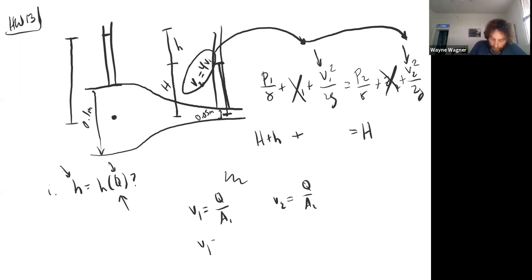V1 equals Q over pi over 4 times the diameter at A1, which is 0.1 meters squared, and V2 equals Q on pi on 4 times 0.05 meters squared. Okay, and so this is going to be a really ugly number.